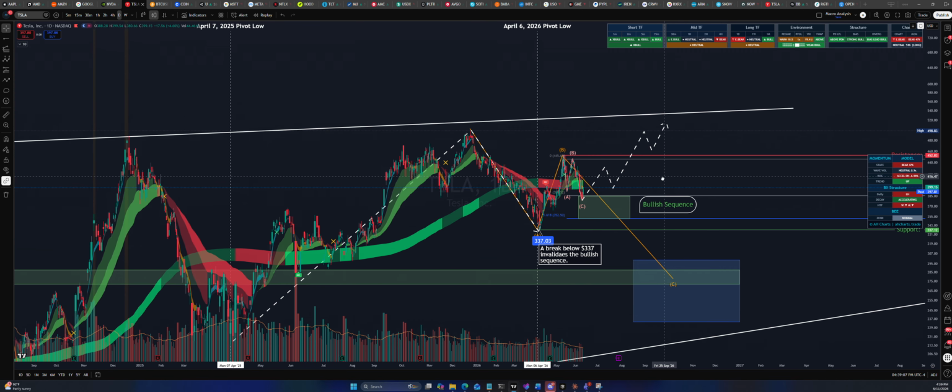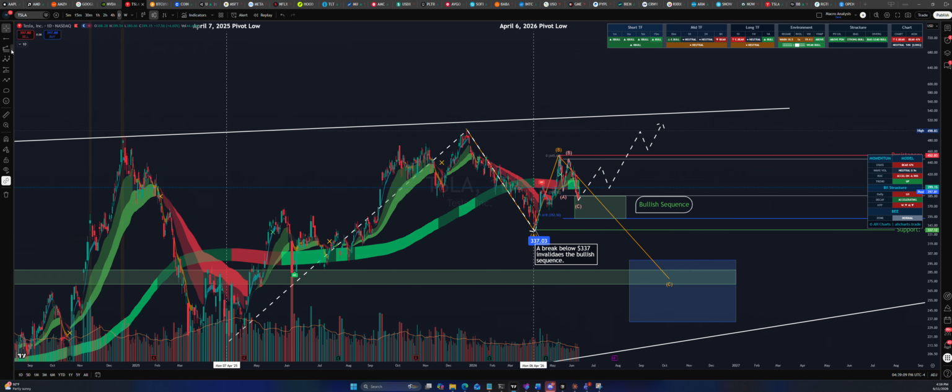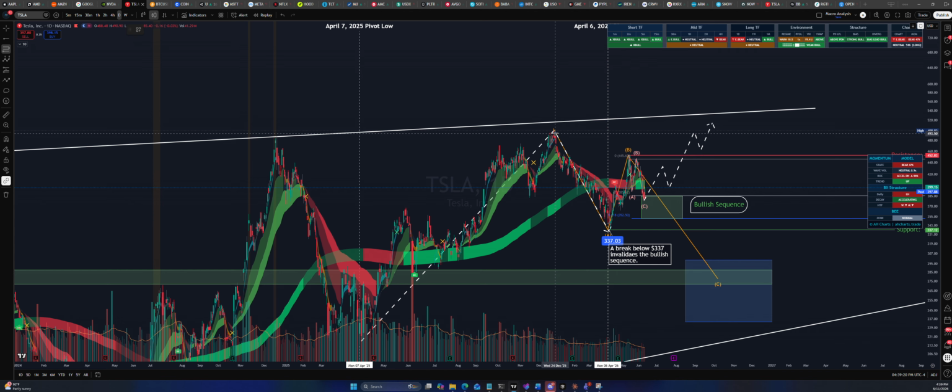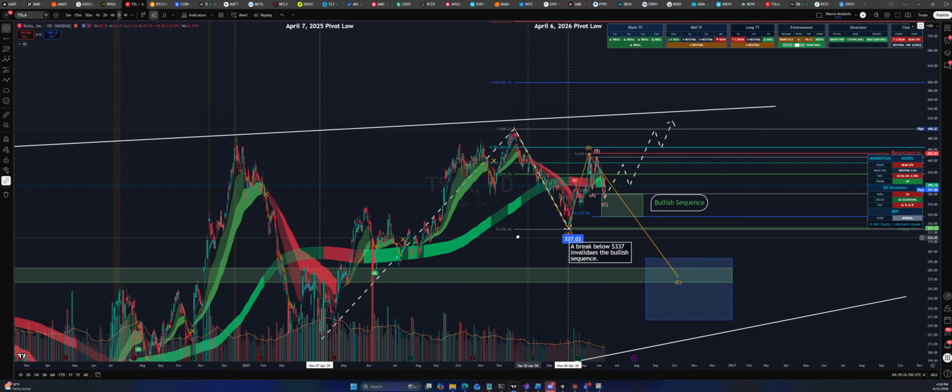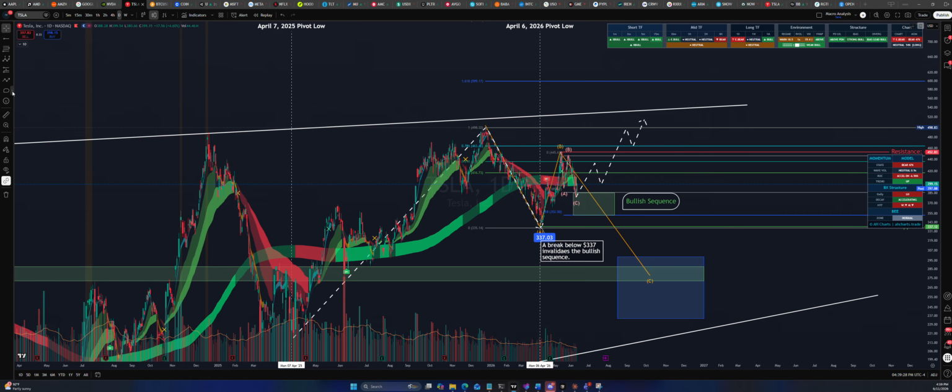And where would the move happen for Tesla? Where would the target be? To find a target, you go to your fib retracement tool right over here. You look for the top over here where this is completed. You start here, come all the way to the bottom of this move, this retracement, and it will be anywhere between extension 1 and 1.618.